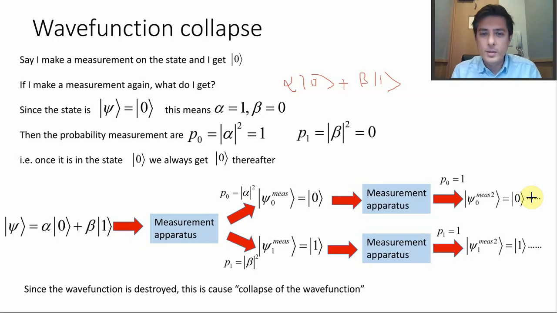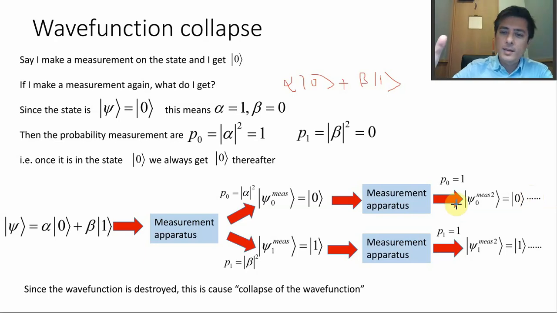Can you tell me what the state is? And the machine will go, well, of course, it's in state 0 because I just told you a minute ago that it's in state 0. So it's still in state 0. You can repeat that as many times as you want. You can put it again into the machine and say, I know you just told me twice that it's in state 0. Can you tell me what the state is?